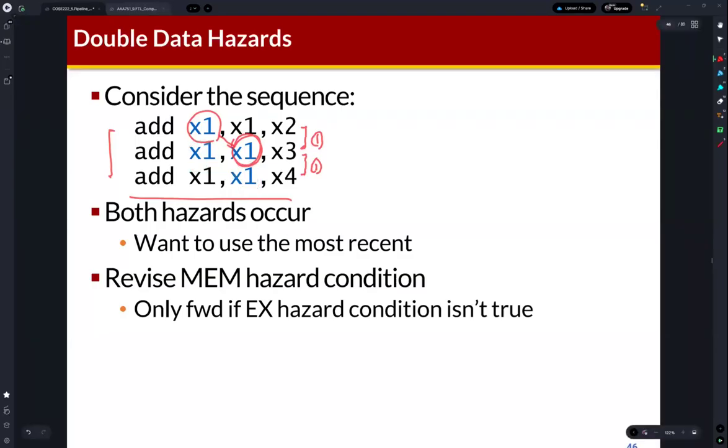But we can also observe the second forwarding case, forwarding case 2, because x1 can be forwarded to the x1. So if we focus on this add instruction, it can have both forwarding case 1 and forwarding case 2.